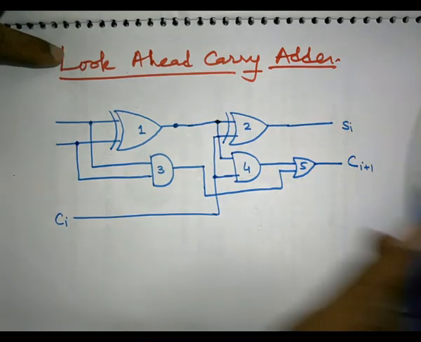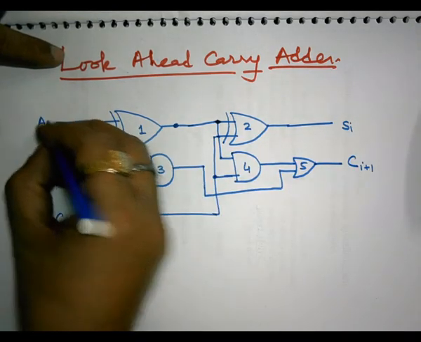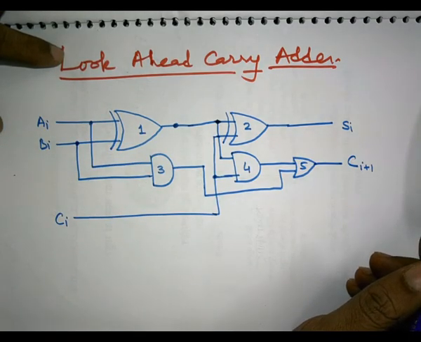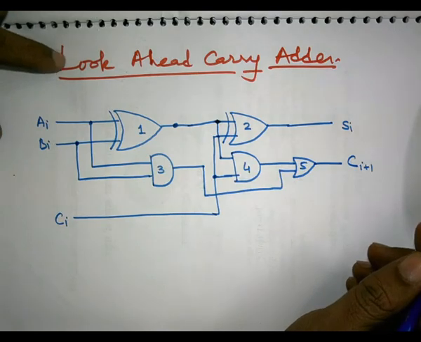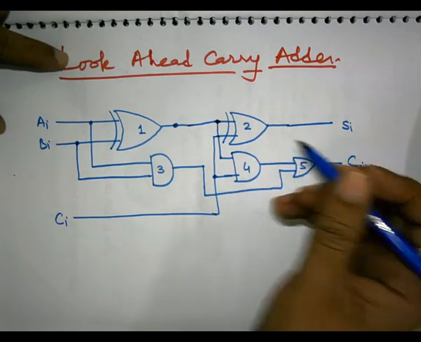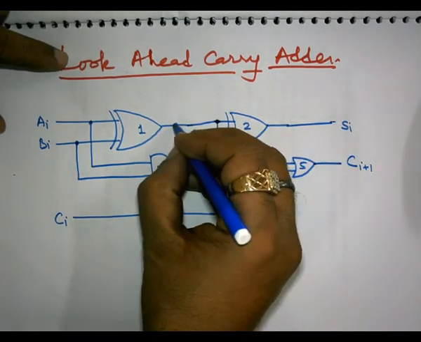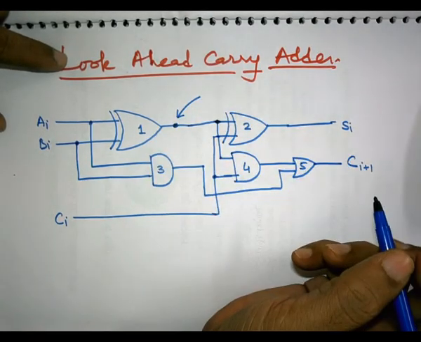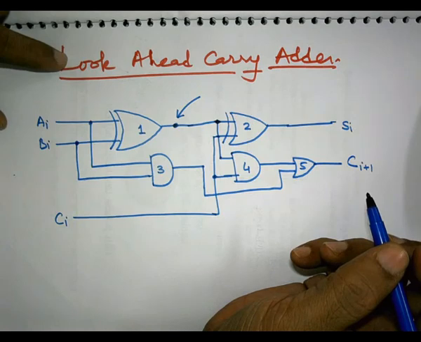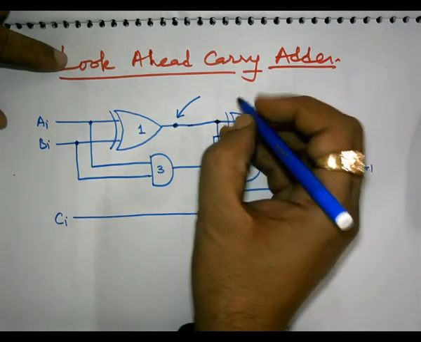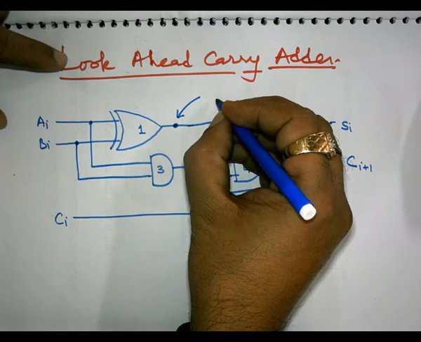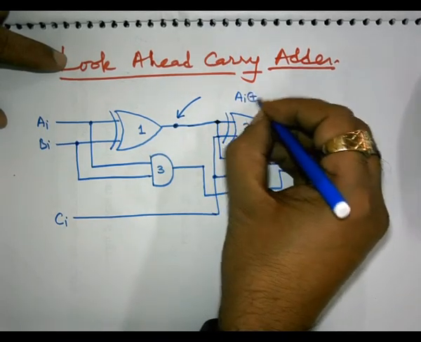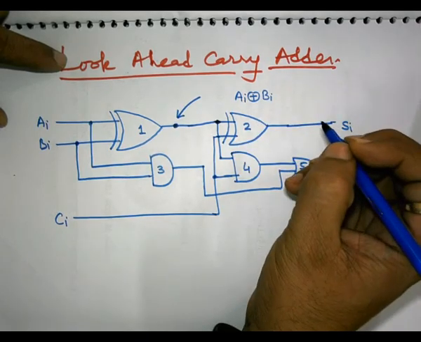Okay. This is AI and BI. Now, suppose the intermediate result that we are getting at the output of gate 1, what are we getting? We are getting AI exclusive OR with BI.